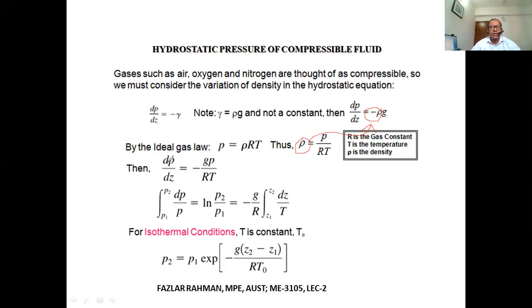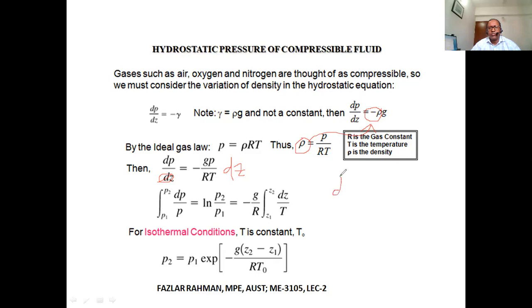So after rearranging, you get dP by dz equals minus g P by RT. Now this dz, you take out from there and bring it right here, and this P you bring to the bottom of dP.